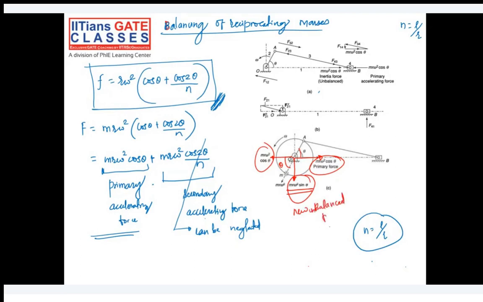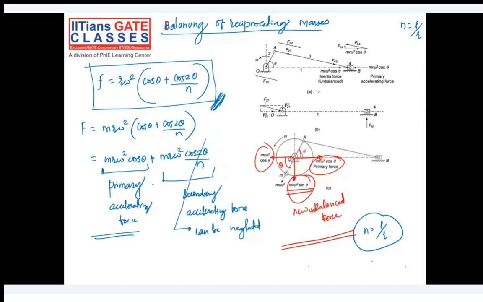Do you understand how we are making the horizontal force balanced, but that is generating a new unbalanced force? So previously, our system was feeling jerks, unbalance in the to-and-fro motion of the piston, but now because of this new unbalanced force in the vertical direction, our mechanism will feel jerks in the up and down direction. Are you following?